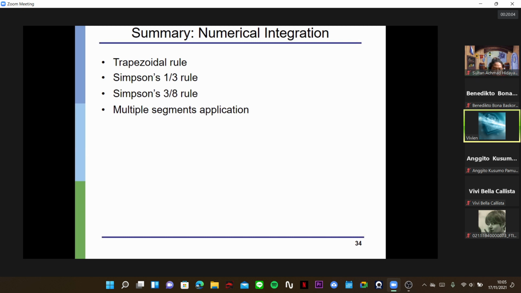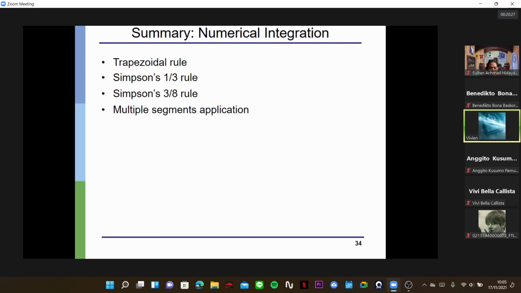We can also apply multiple segments for each of the methods that have been discussed. Please be careful, because Simpson's 1/3 rule requires at least 2 segments to obtain the equation.